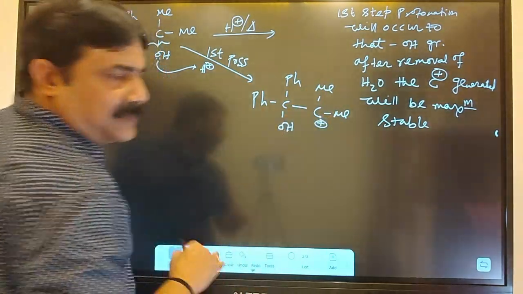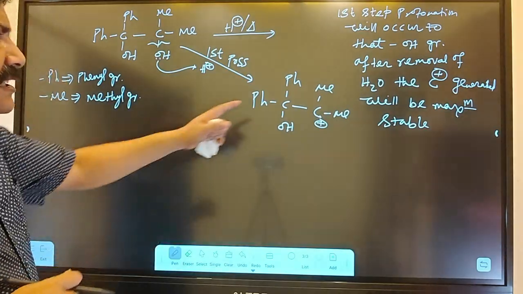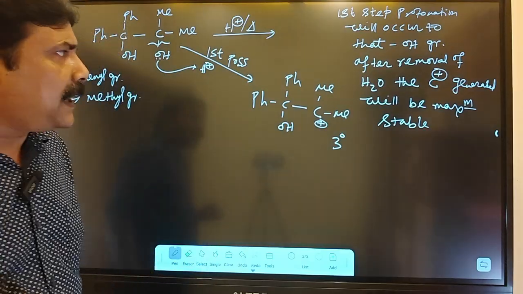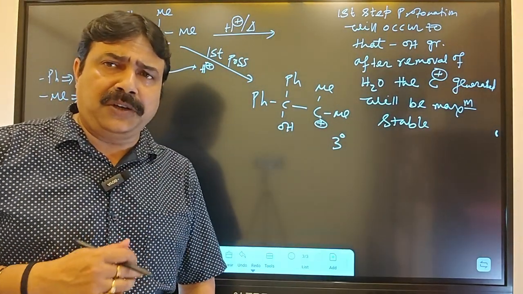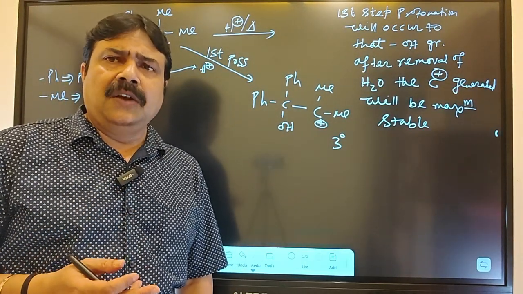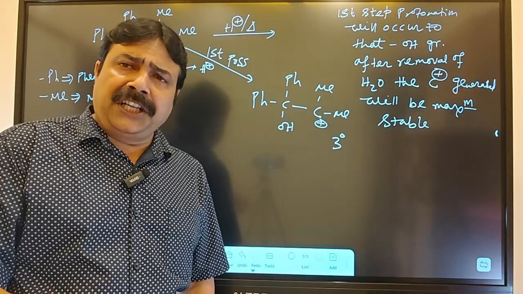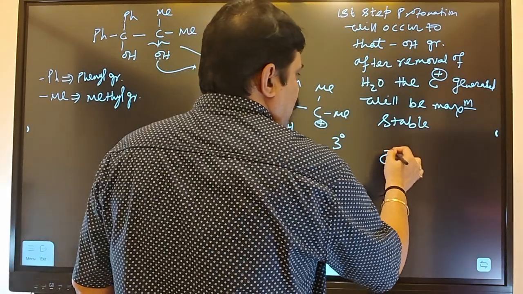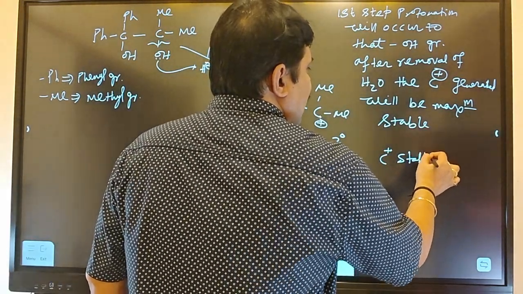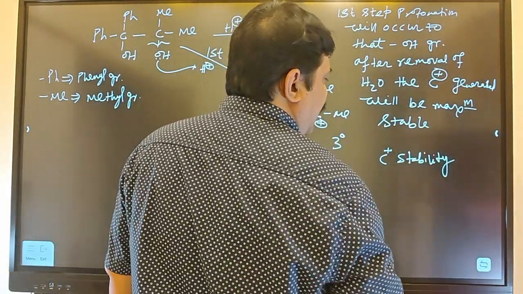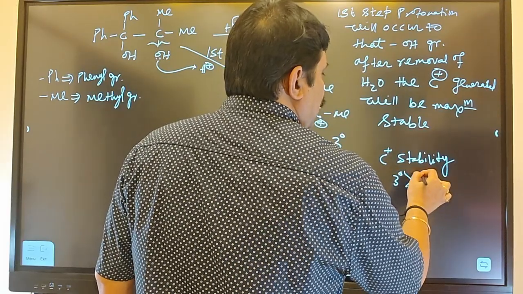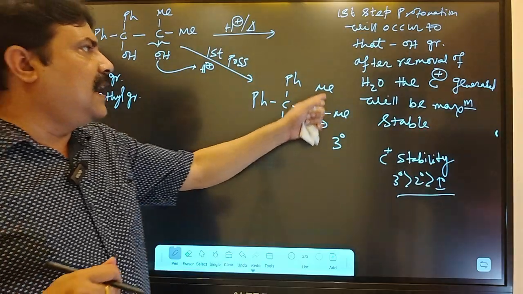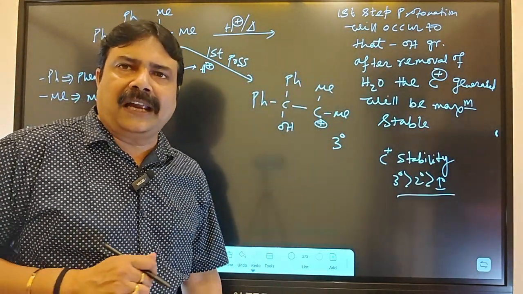Now if you look at this carbocation, it is already a 3 degree carbocation, and the stability of carbocation is 3 degree greater than 2 degree, greater than 1 degree, and 1 degree is greater than only methyl carbocation. Here C+ represents a carbocation.